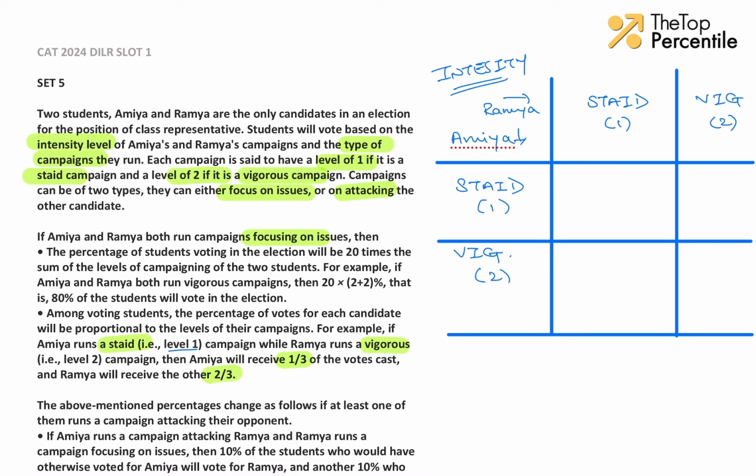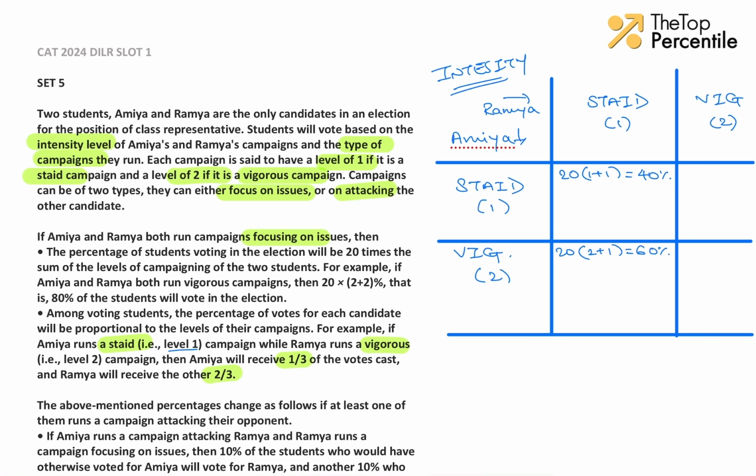When both are staid, the formula that's given to us is 20 into the level of one plus the level of the other, as a percentage. So here it will be 20 into 1 plus 1, which is 40%. Here this will be 20 into 2 plus 1, this will be 60%.